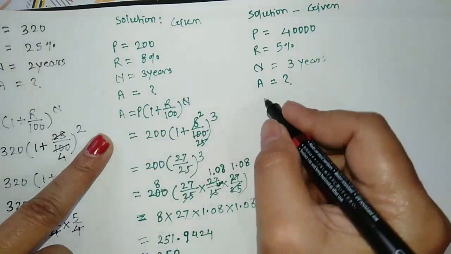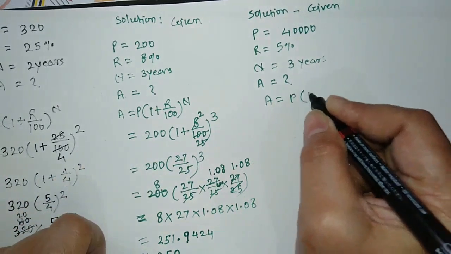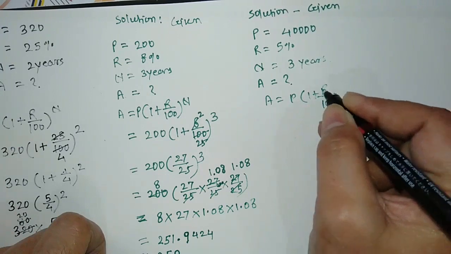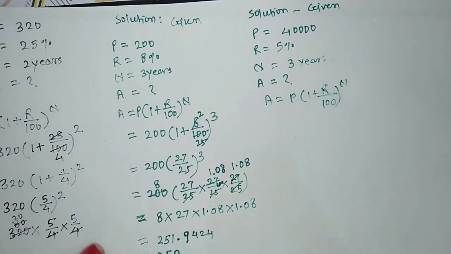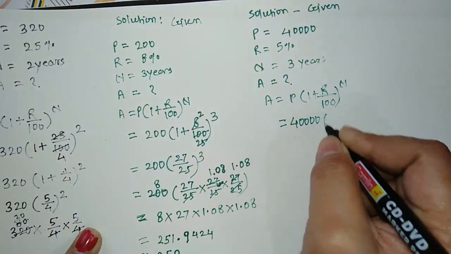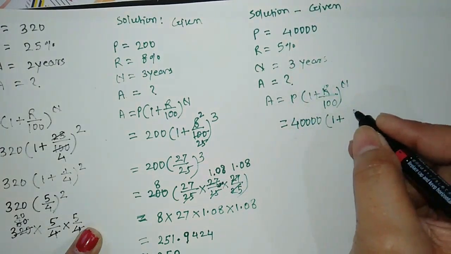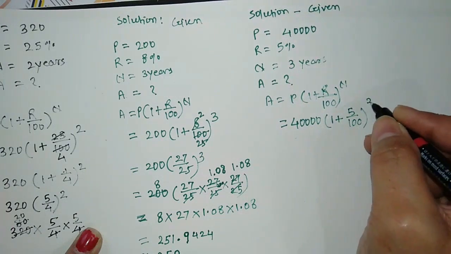So write down the formula for the A. A is equal to P into 1 plus R upon 100 raised to N. So put up the values. 40,000 in the bracket 1 plus 5 upon 100 raised to 3.